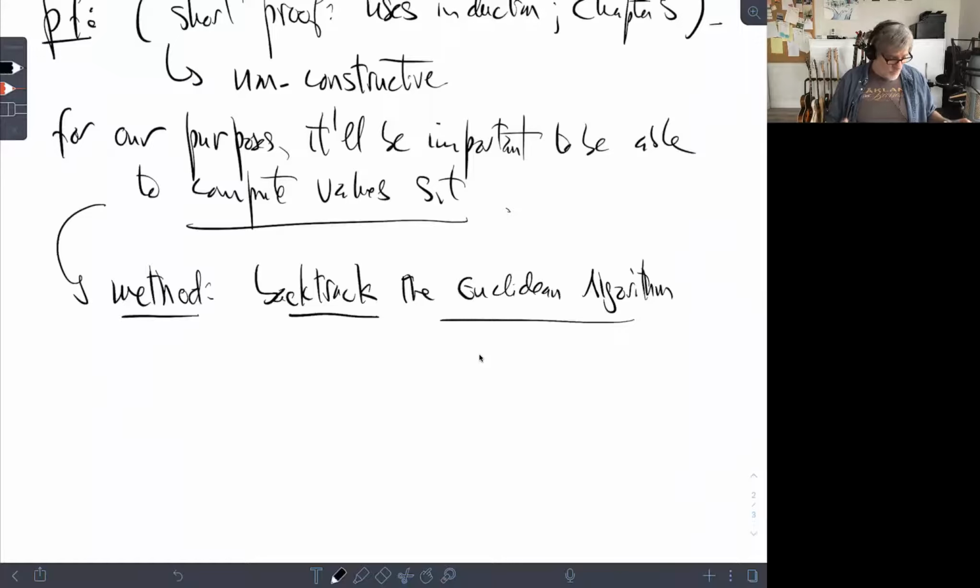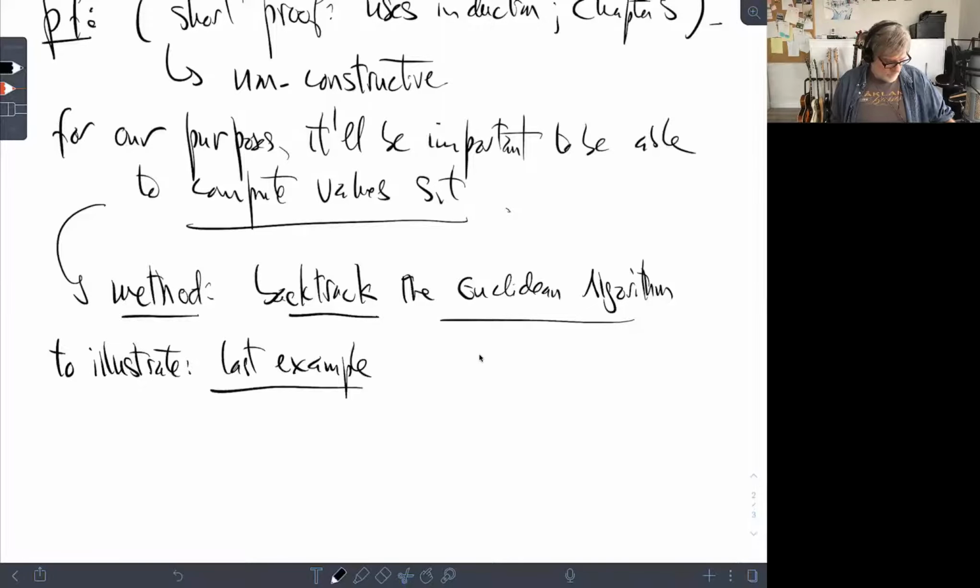I'm going to take my last example and compute the s and t for that. To illustrate, we found that the GCD of 252 and 198 is 18.